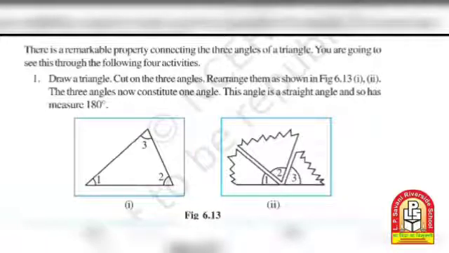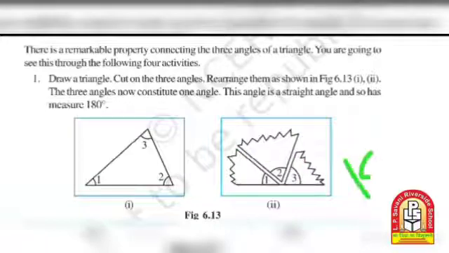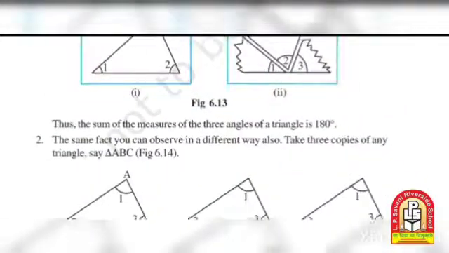This angle is a straight angle and so has a measure of 180. Here you can measure this angle as 180. Then the sum of the measurements of these three angles of the triangle is 180 degrees. This property is known as the angle sum property of the triangle.